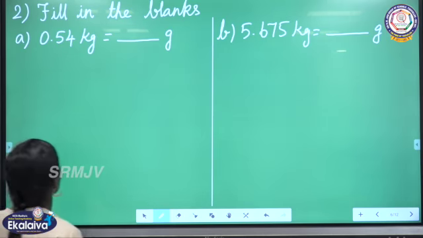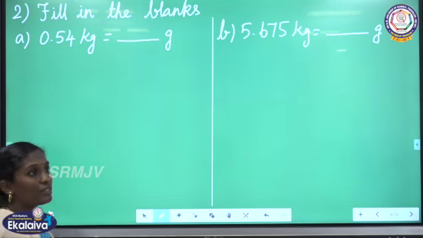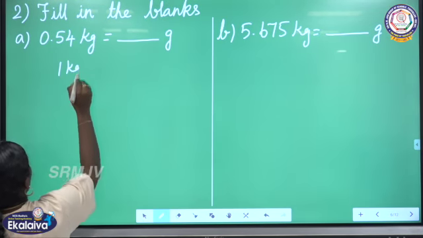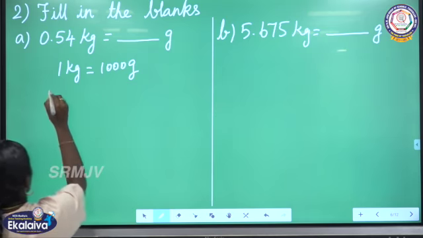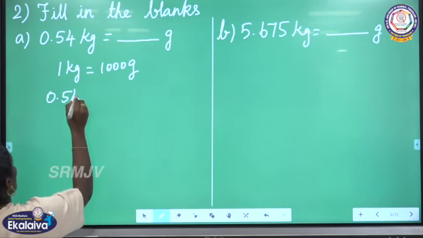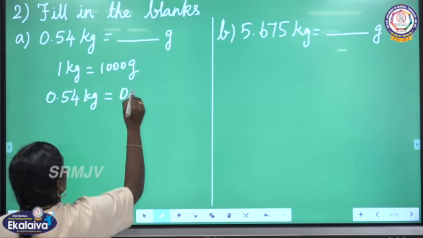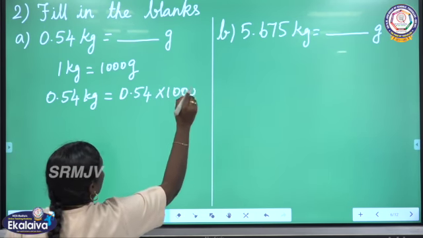Then the next one, fill in the blanks. Kilogram to gram, greater unit to smaller unit, that is multiplication. We know that 1 kilogram is equal to 1000 gram. So 0.54 kilogram is equal to 0.54 into 1000 gram.